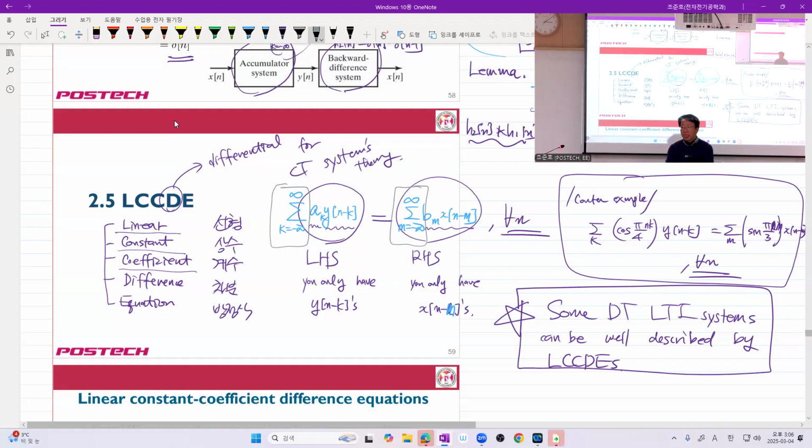For example, when I was a graduate student, my seniors always advised me, hey, Junho, never do any research related to nonlinear systems. You will never graduate. So I tried to avoid nonlinear systems.